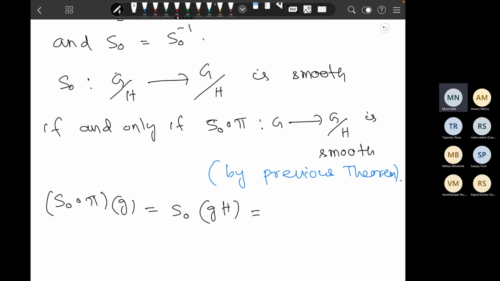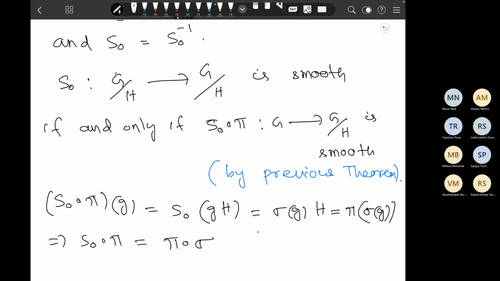So this is really, by definition, sigma(g)H. And this is really pi of sigma(g), right? So that implies this S_o composition pi is equal to pi composition sigma. Call this star.